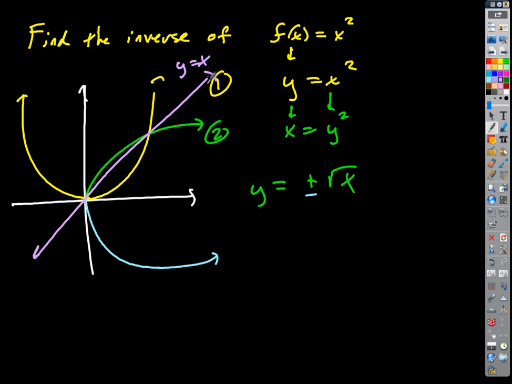It's kind of difficult to reflect something over a non-vertical or horizontal line. It's a little bit tough to do that, right? To take that yellow parabola and figure out what it's going to be if I reflect it over a diagonal line. So reflecting over the line y equals x is equivalent to doing two really easy things. You could take the original graph, and first rotate it counterclockwise 90 degrees.